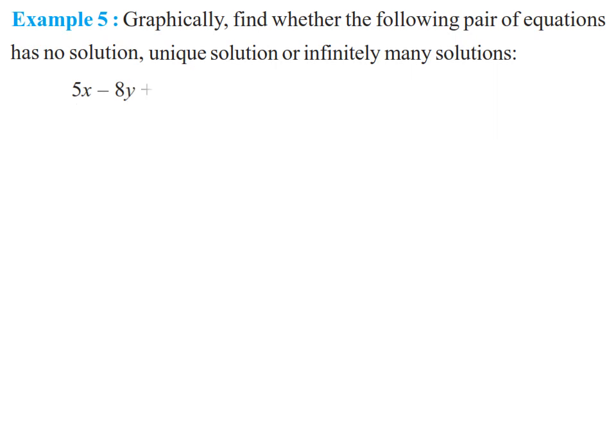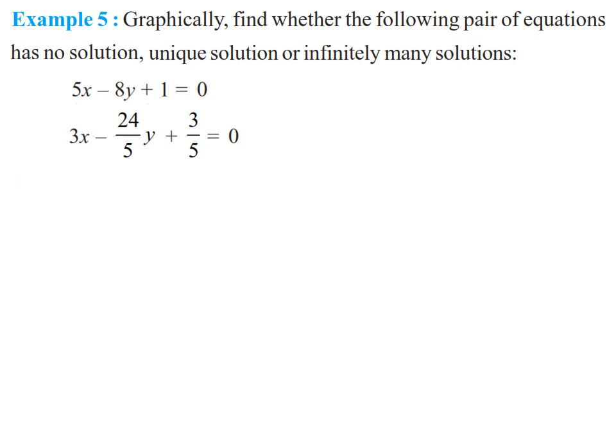The first is 5x minus 8y plus 1 equals 0, and the second equation is 3x minus 24 by 5 y plus 3 by 5 equals 0. Graphically we have to decide whether it has no solution, a unique solution, or infinitely many solutions. In the previous video we decided that if it has no solution then the lines are parallel, a unique solution means intersecting lines, and infinitely many means coincident lines.